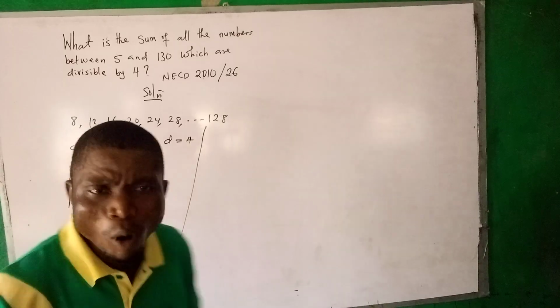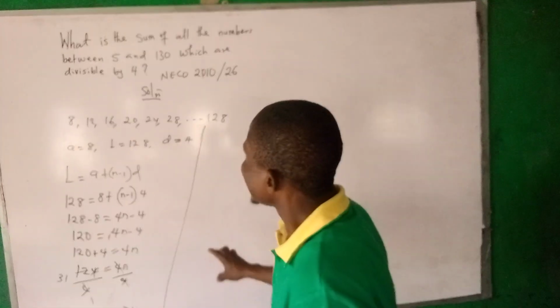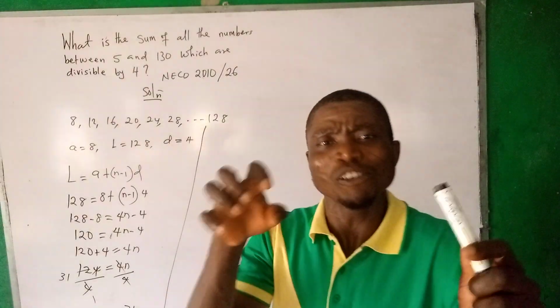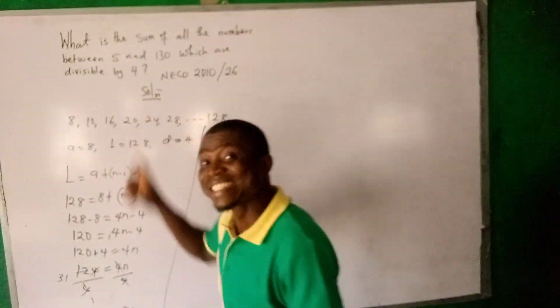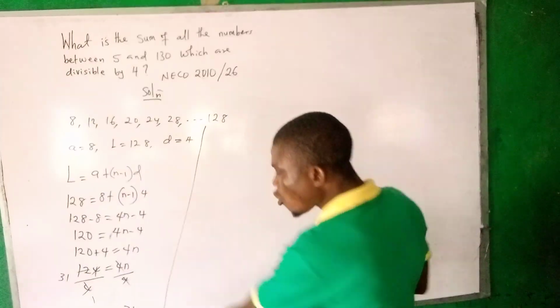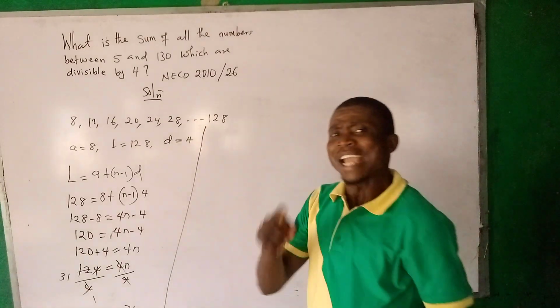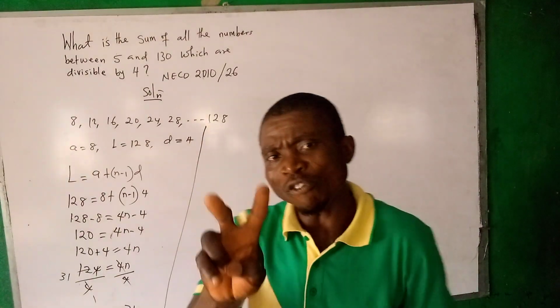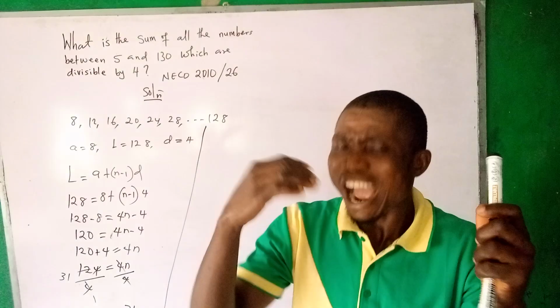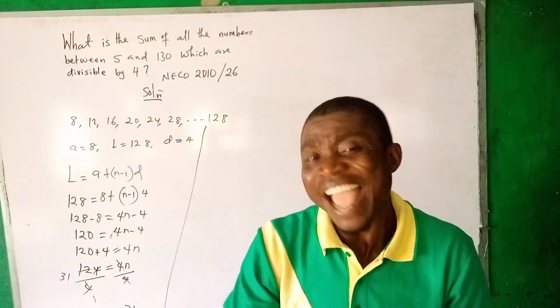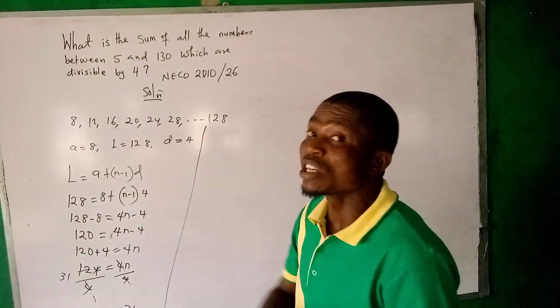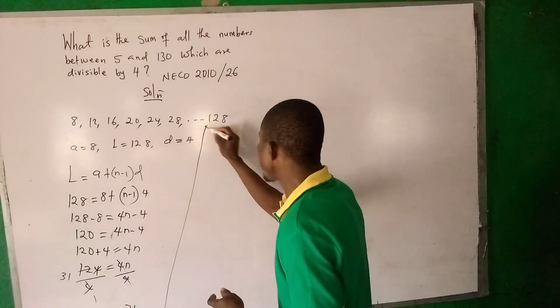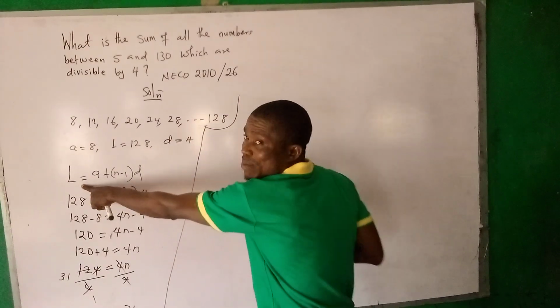At this point, we are going to find the sum of all the numbers that are divisible by 4 within this range, and I've gotten that particular n. You know the AP formula for the sum of n terms. There are two formulas to use if you are looking for the sum of n terms, and I'm going to use the second formula because we have gotten our last term.